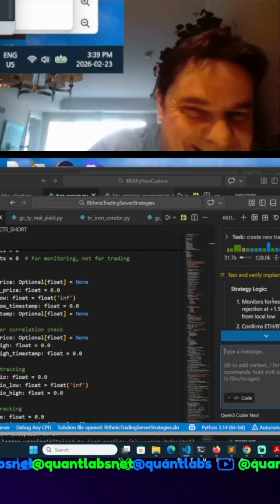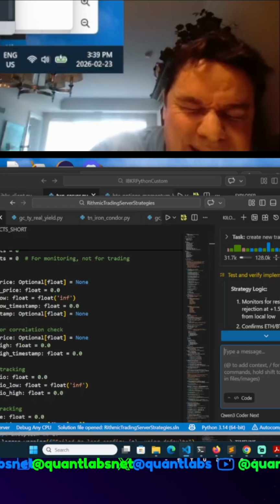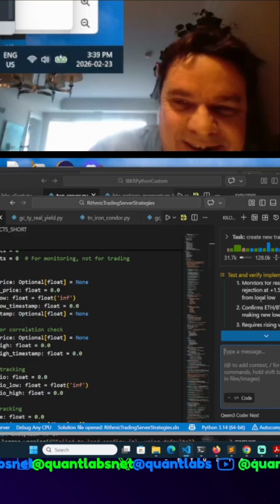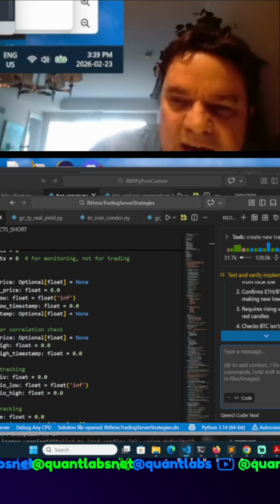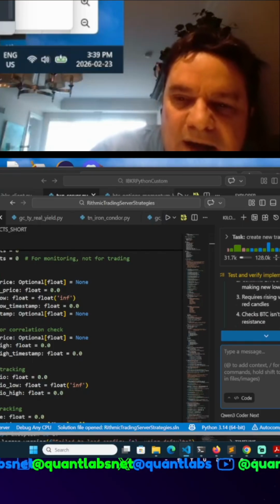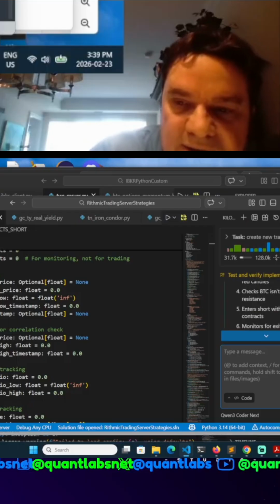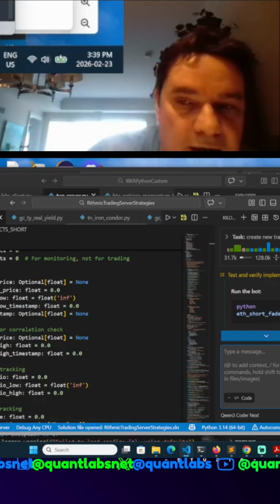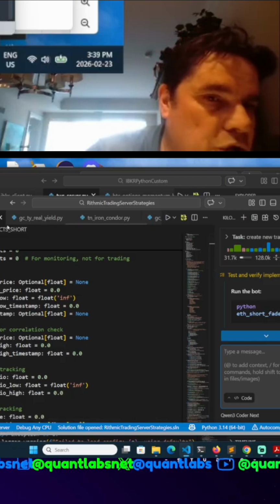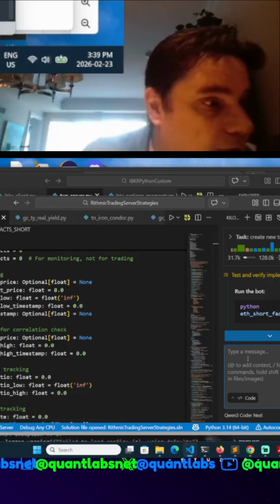Here's the strategy logic. This is one strategy from one day's news event. Monitoring for resistance, confirm BTC, Ethereum-Bitcoin ratios making new lows. It goes on. Check BTC isn't reclaiming. Run the bot. So that's the new name of the bot, Ethereum short fade.